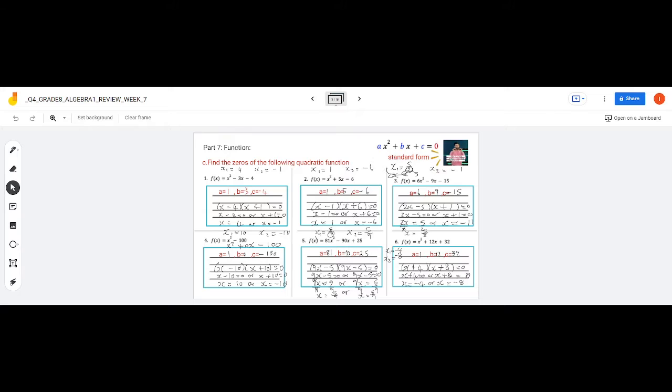So what's really important here? What's important here is you have to make sure that it's in standard form and identify your a's, your b's, and your c's. And I think also what's really important, if you get an answer as a fraction, just move the denominator next to the x and then take the opposite of the number.